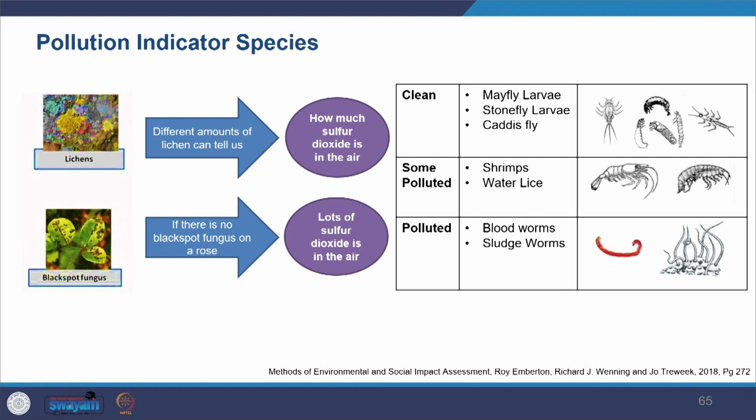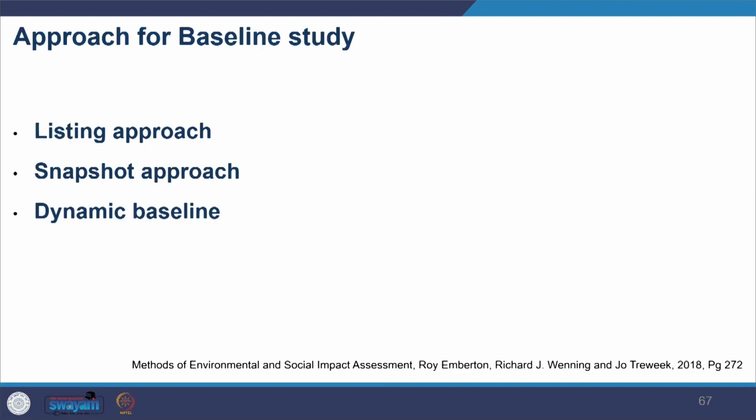Then there are other kinds of species which indicate whether the water is clean or has some level of pollution, or is completely polluted, with bloodworms and sludge worms and so on. For undertaking all these things, you may take a listing approach, where you prepare the list of species.